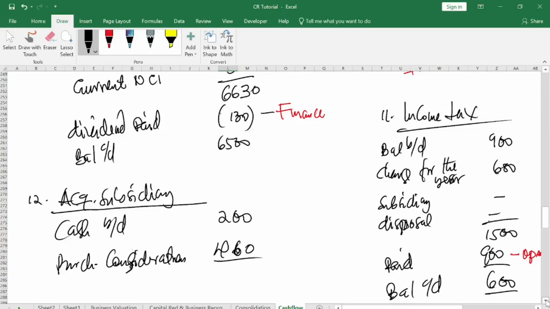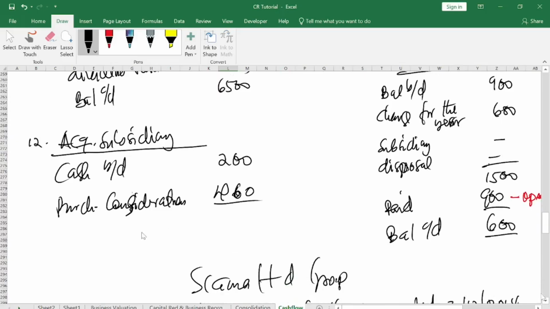You understand? Because the parent is taking over. So how much is it going to cost the parent actually? No, it's going to cost the parent 260. Why? He paid 460, though.